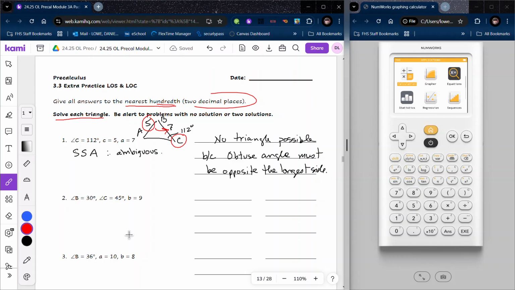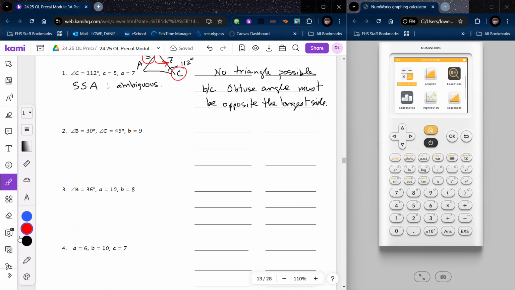If we look at another situation that might have side, side, angle, that's going to be over here for number 3, based on what's provided. Once again, the easiest thing to do is label A, B, C, and label what you have.